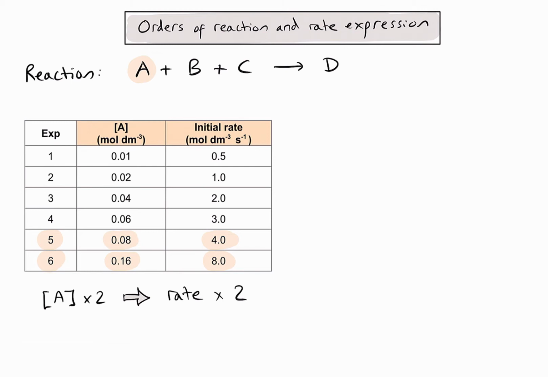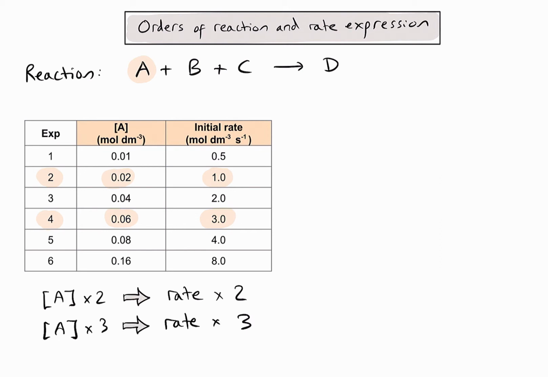Let's see if we still have a proportional increase in rate if I triple the concentration of A. In this case, I could look at experiment 2 and 4. Here I can see that the concentration of A has tripled, and again we see a proportional effect on the rate of reaction, where the rate is affected by the same factor when the concentration of A is changed.